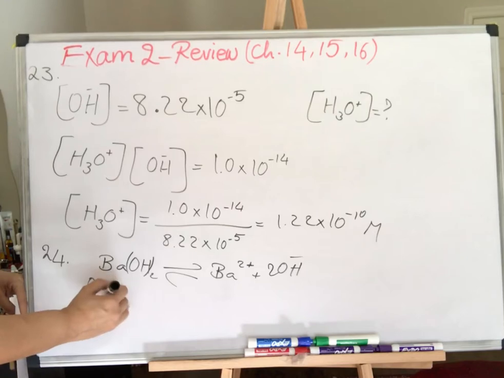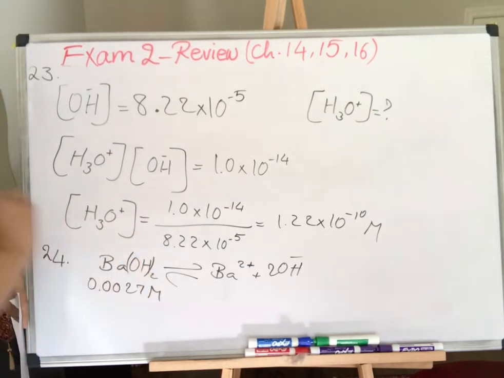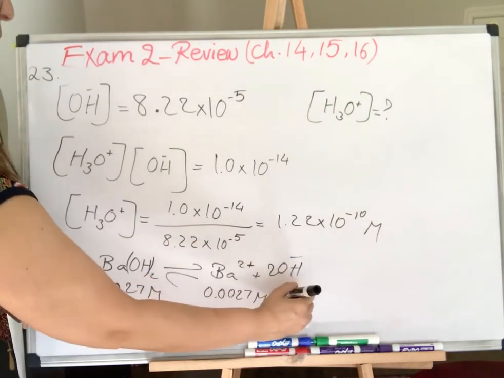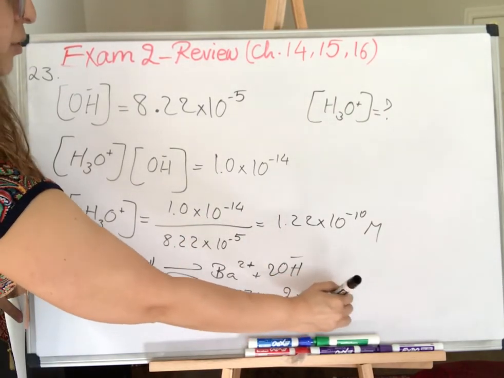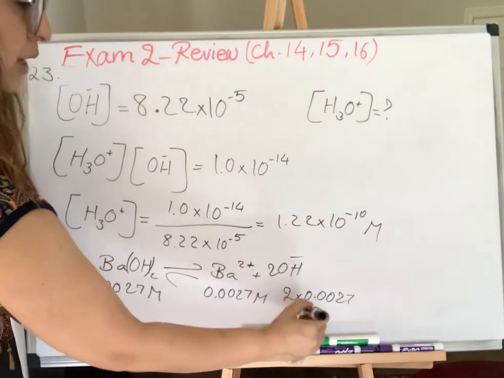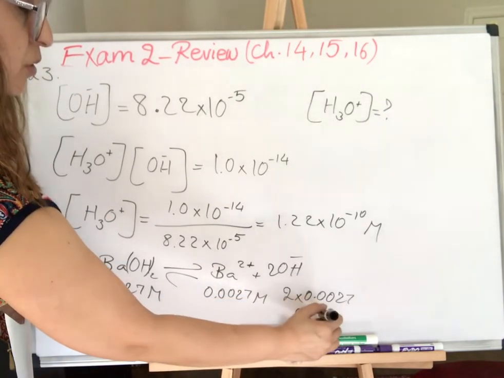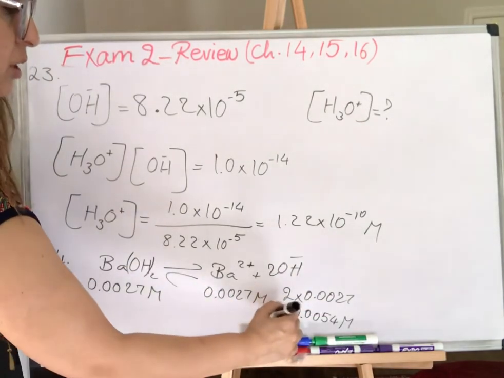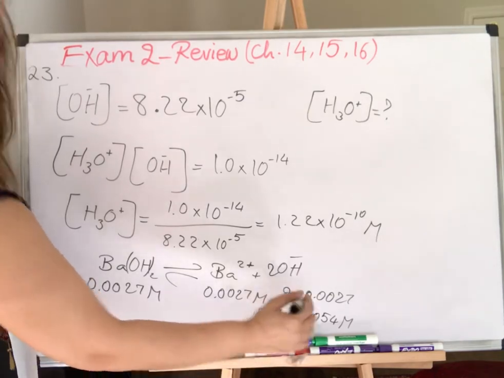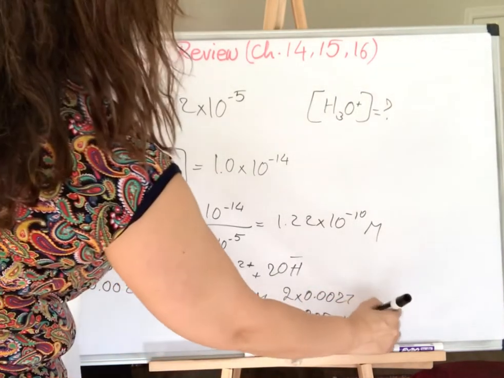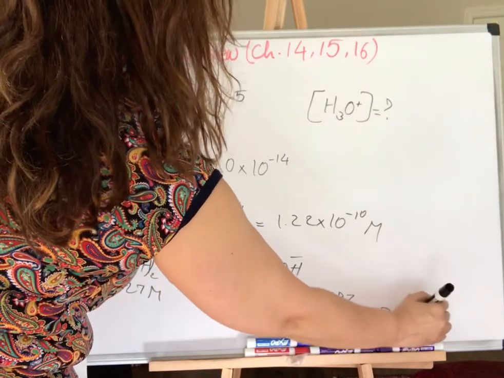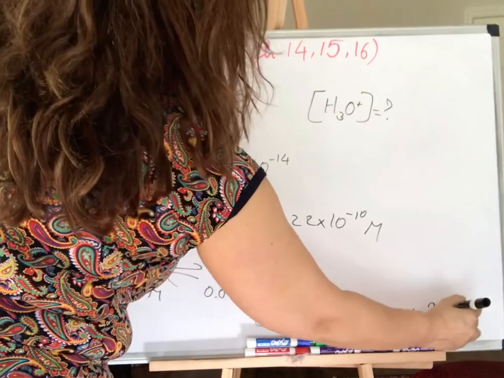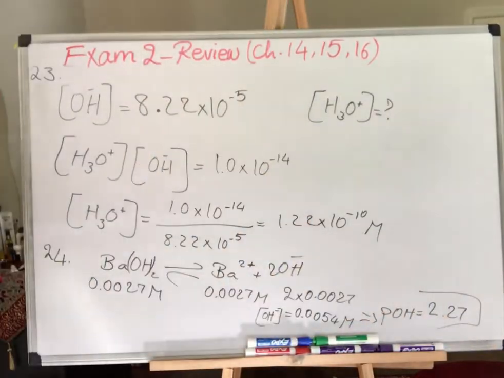If you have 0.0027 molar of this, you will have 0.0027 molar of barium, but 2 times 0.0027, which is 0.0054 molar of OH. Then pOH is minus log of 0.0054, which is 2.27. You will choose D.